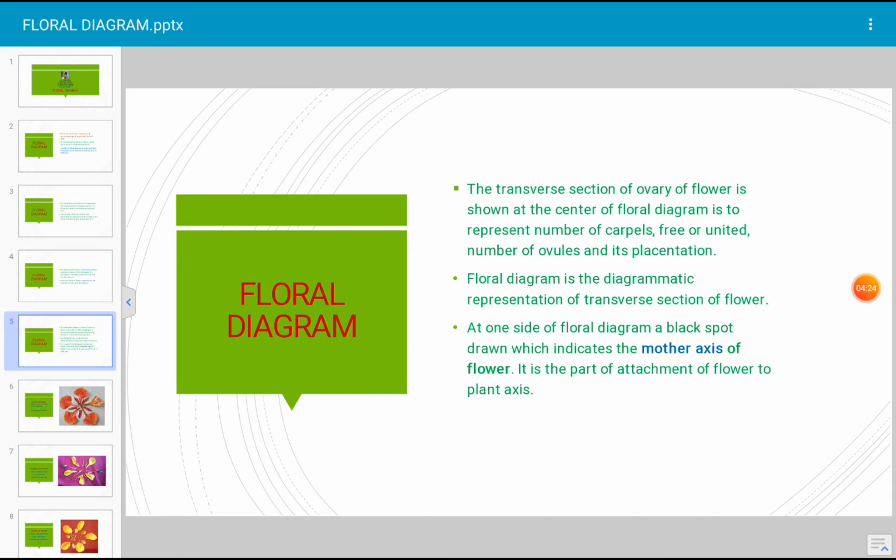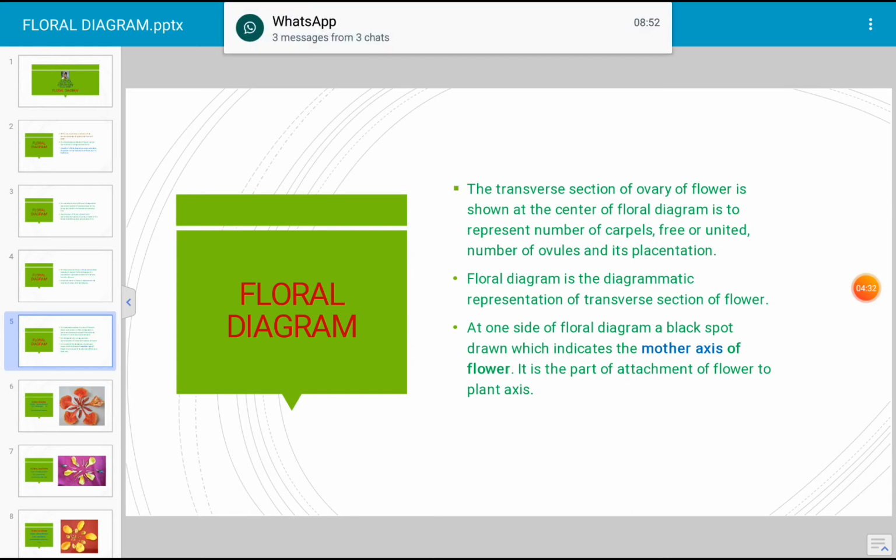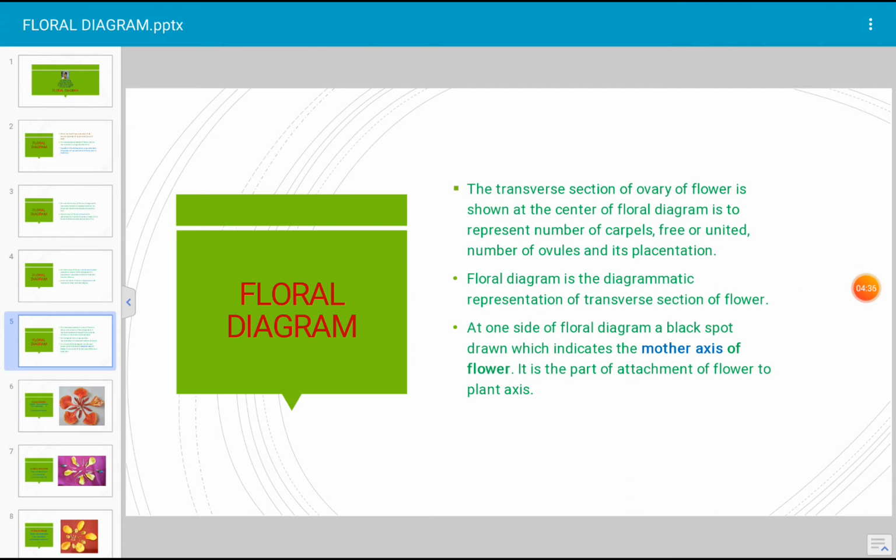The floral diagram is in fact a diagrammatic representation of a transverse section of the flower. On one side of the floral diagram, a black spot is drawn which indicates the mother axis of the flower, the part of attachment of the flower to the plant axis. This is the description of the floral diagram.